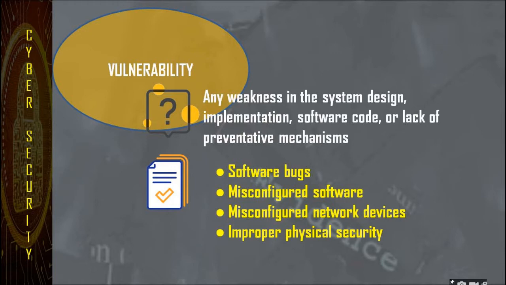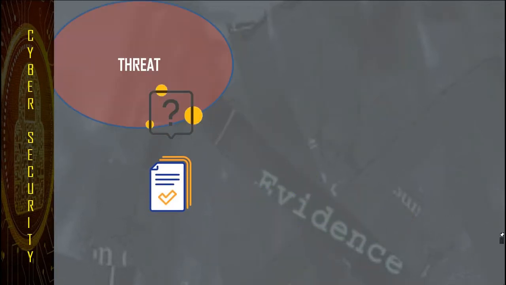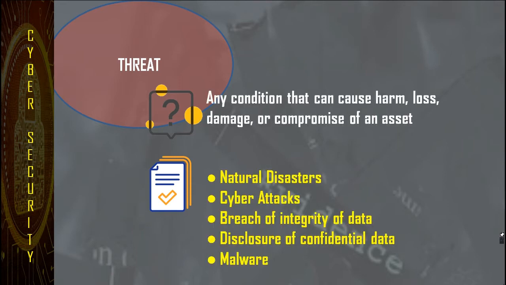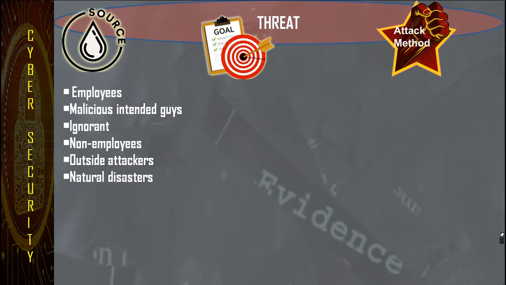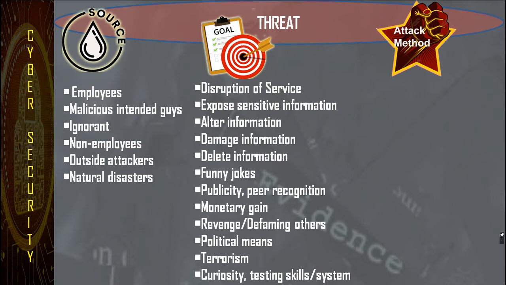Cybersecurity professionals control vulnerabilities. Vulnerabilities are internal factors. Any condition that can cause harm, loss, damage, or compromise of an asset is called a threat. Examples: natural disasters, cyber attacks, breach of integrity of data, disclosure of confidential data, malware.